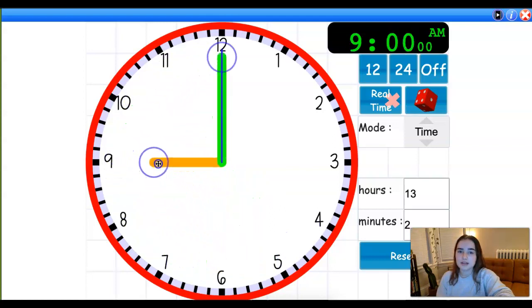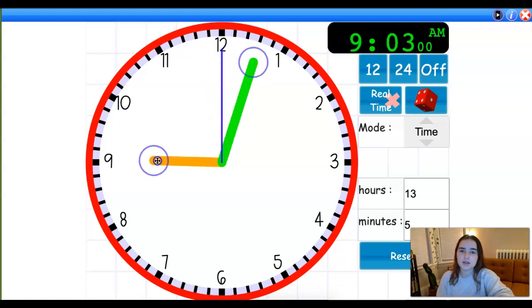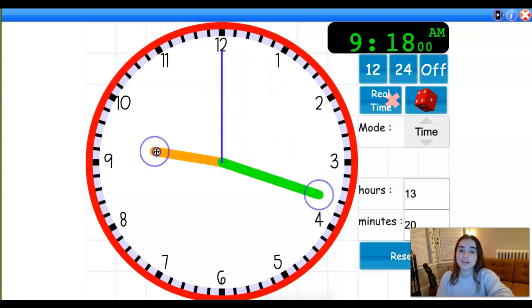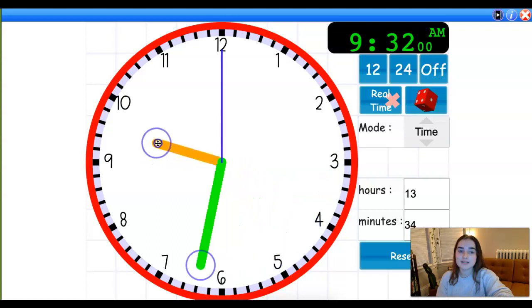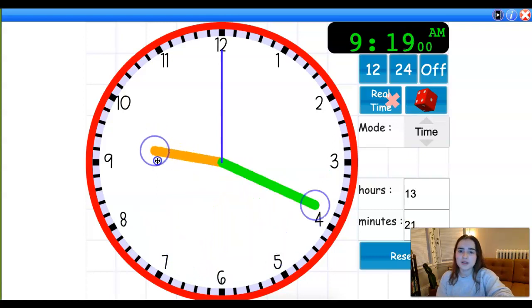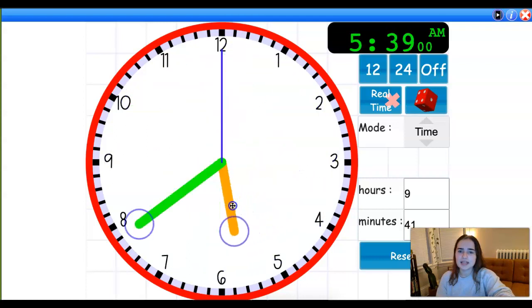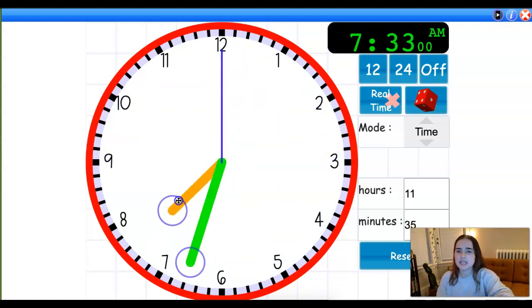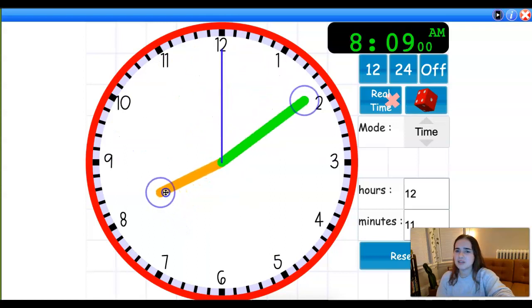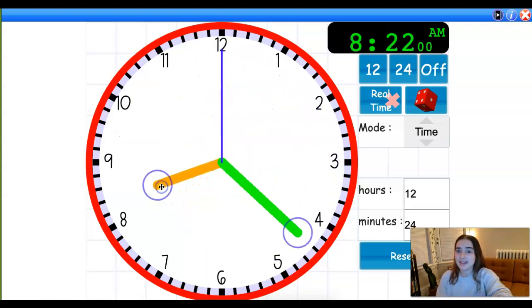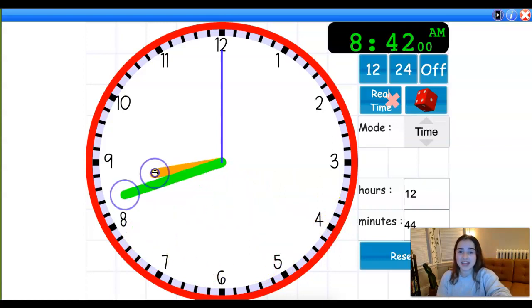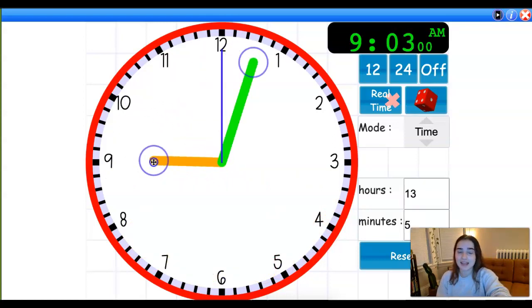Okay, so if we're starting at 9 o'clock, watch this. The clock rotates to the right, and we call this clockwise. Okay, so we know that if we started here and it is reaching 8 o'clock, but it's a little bit past 8 o'clock, it has to be somewhere in the 8 o'clock hour because we haven't even reached 9 yet.